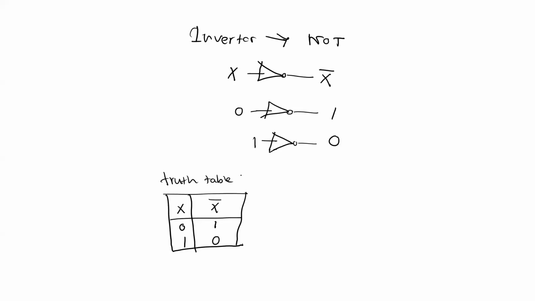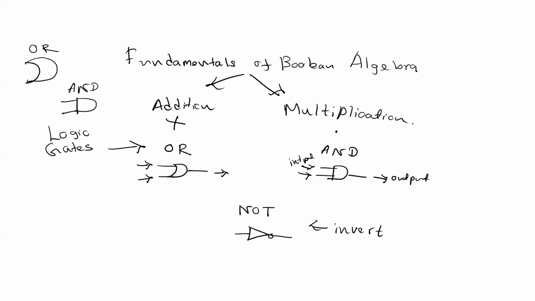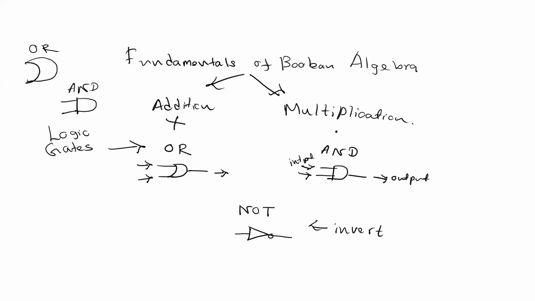Right, so we have discussed the fundamentals of Boolean algebra. We learned about the person who introduced logical algebra and how it later became Boolean algebra. We learned how we represent these values with the help of circuits.